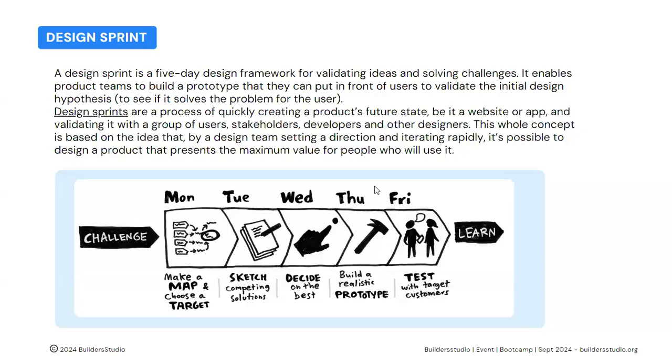Like design process, design sprints are a process of quickly creating the product's future state, might either be a website or an app, and it validates with users, stakeholders, developers and other designers. This whole concept is based on the idea that by a design team setting a direction and iterating rapidly, it's possible to design a product that presents the maximum value for the people who will use it.